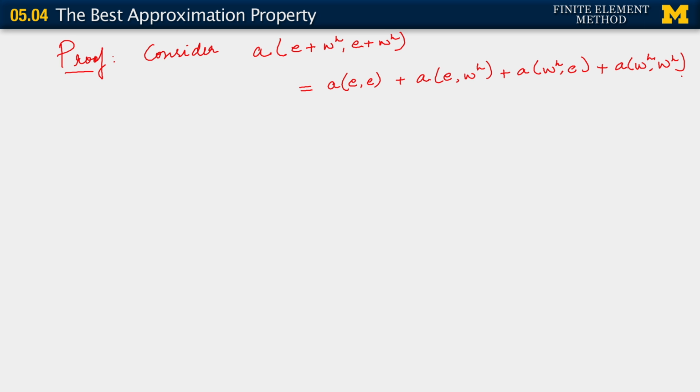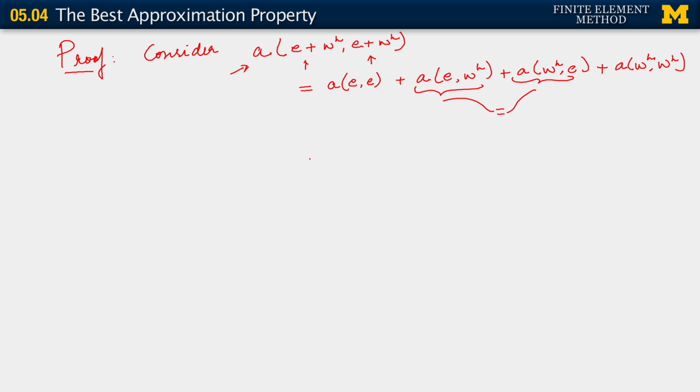If you were to go back and look at what this abstract notation actually represents for the energy norm, using the fact that it is bilinear in its 2 arguments, you will get this result. It's just like the expansion of a perfect square. And then one recognizes that because the bilinear form also is symmetric, we see that these 2 terms are equal.